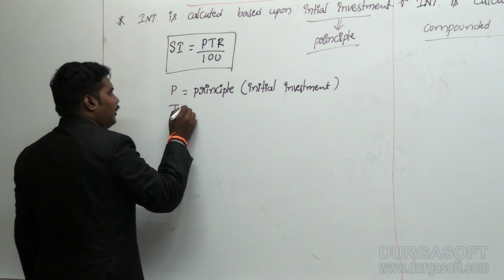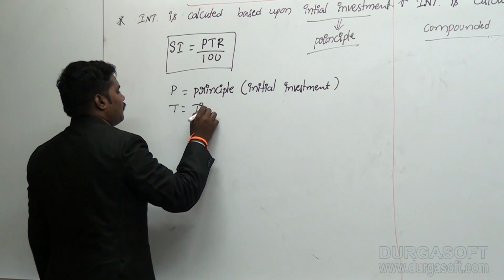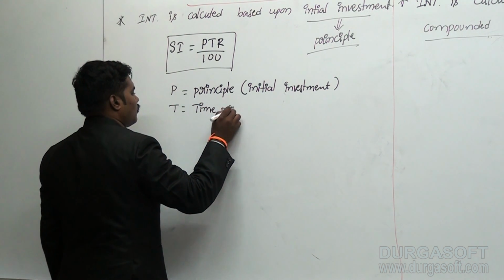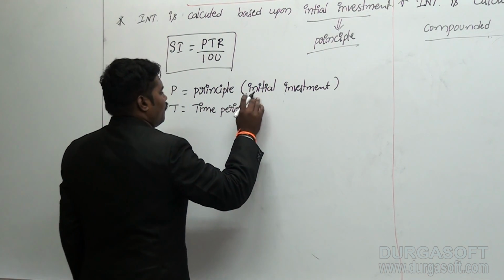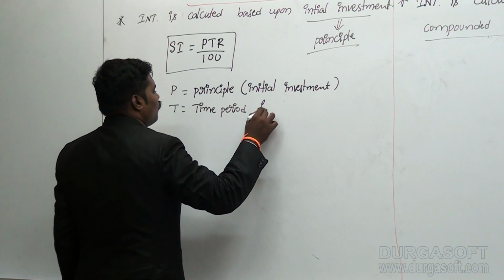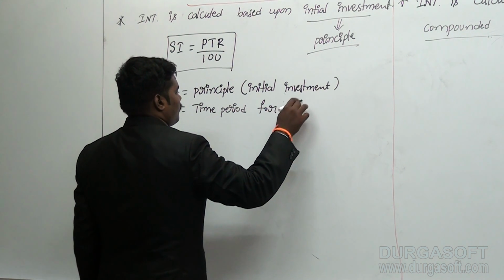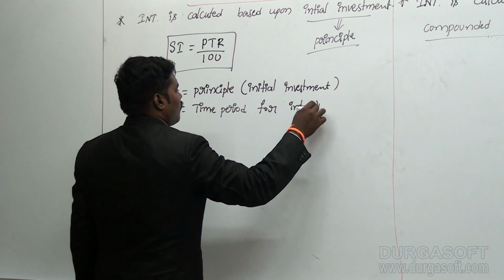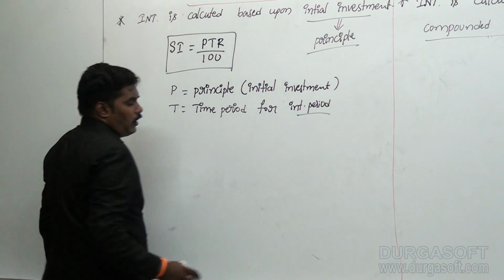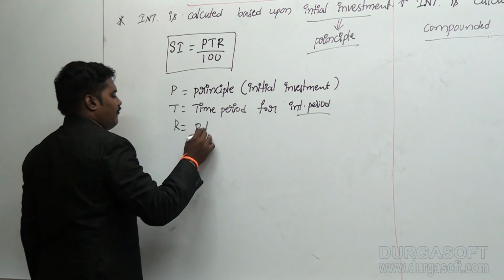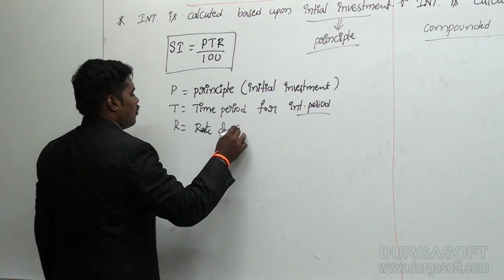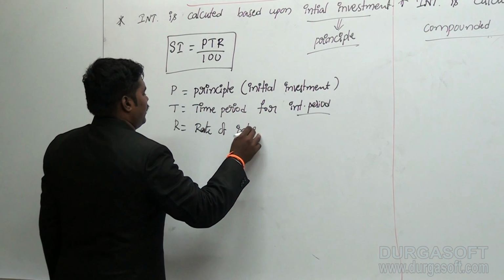Now T means time period, the time period for the interest period, where R is equal to rate of interest.